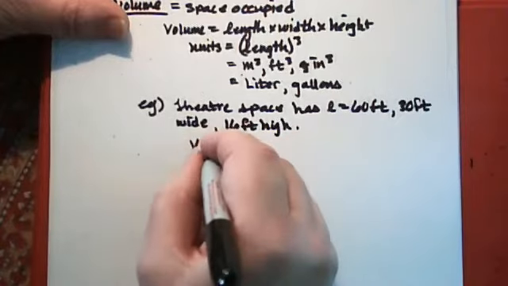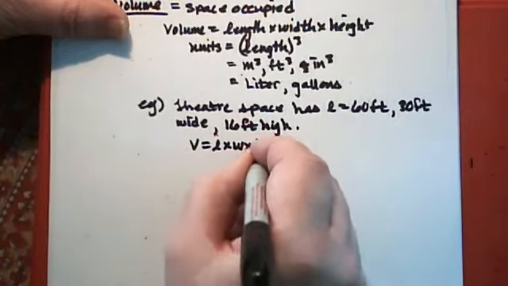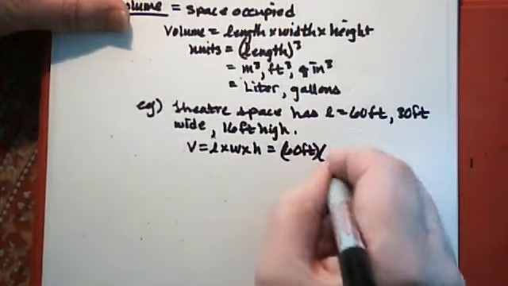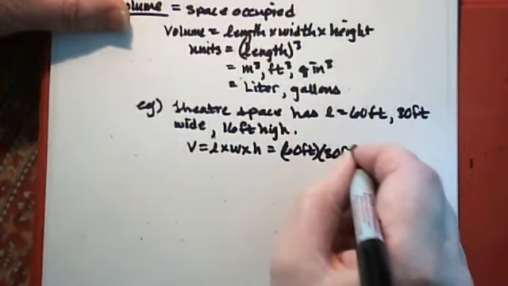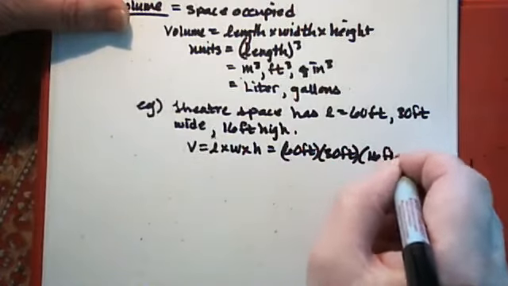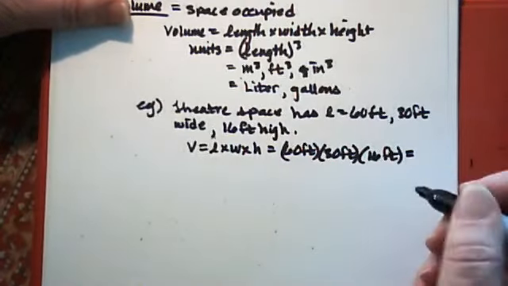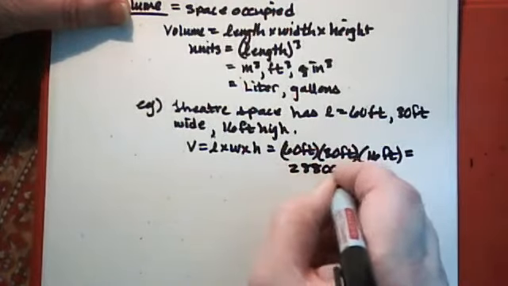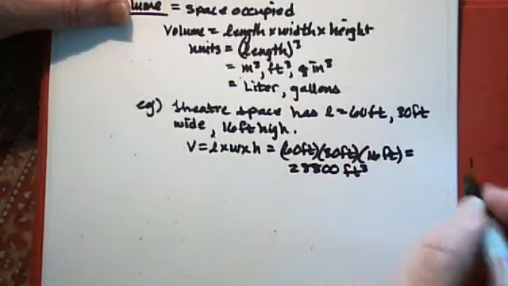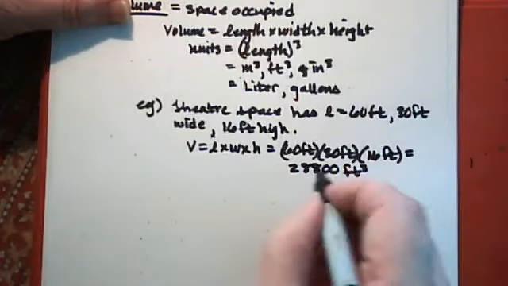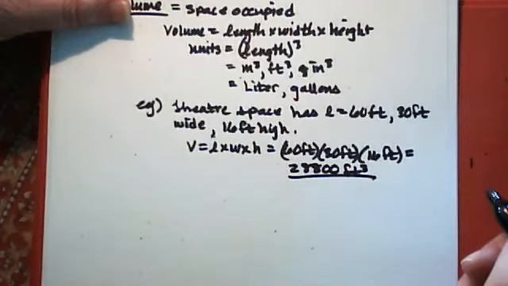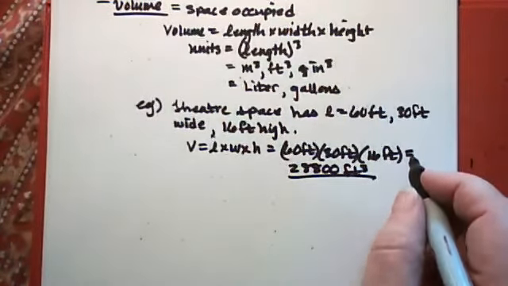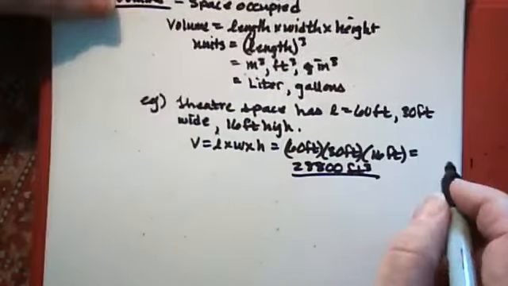Well, the volume would be length times width times height, and that would be 60 feet times 30 feet times 16 feet. And that would be 28,800 cubic feet, feet to the third power, in other words. So that feet to the third power, cubic feet, that is a measurement of volume.